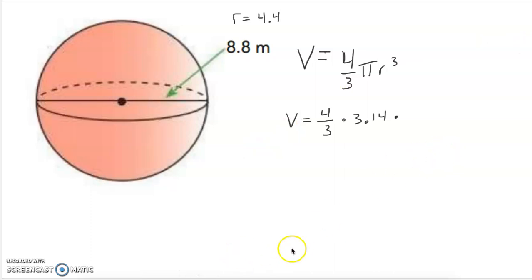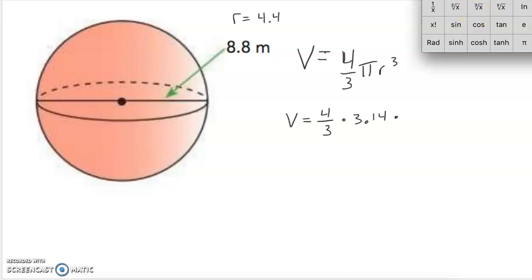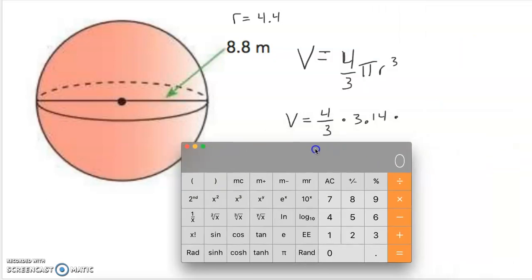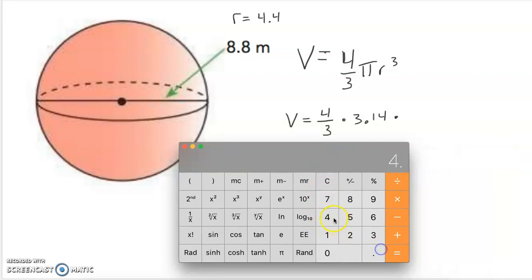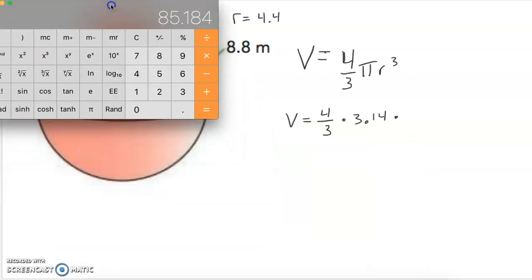Calculator. So let's do 4.4 cubed. So we have 85.184.